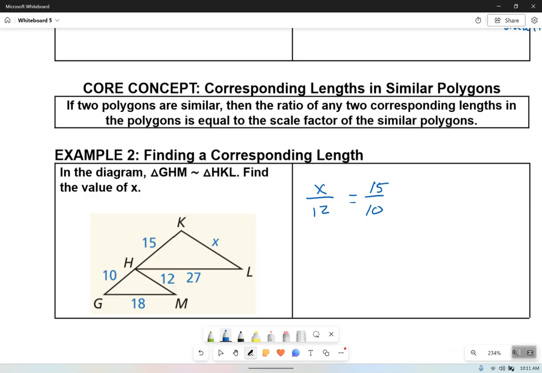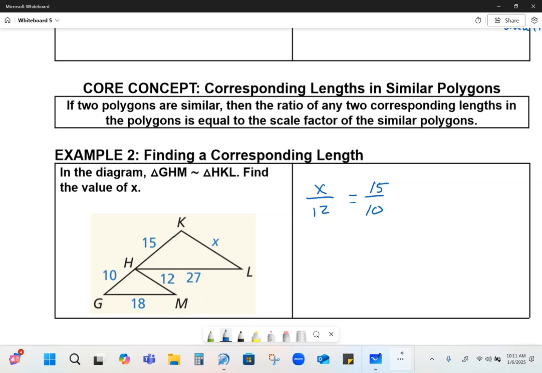Okay. So this ratio, x over 12, that matches right here, has to be the same as 15 to what? 10. Okay. Kids, what have I set up there? Starts with a P. Set me up a proportion, didn't I? Okay, what times what divided by what here, kids? 12 times 15 and divide by what?